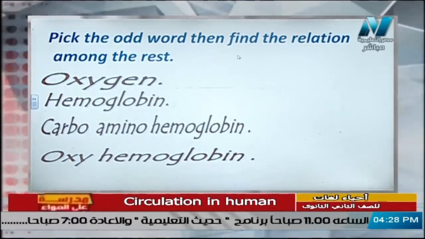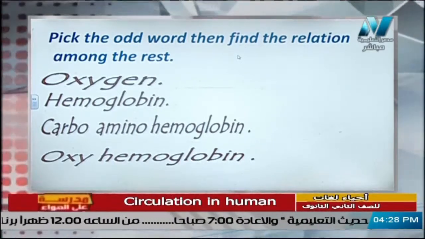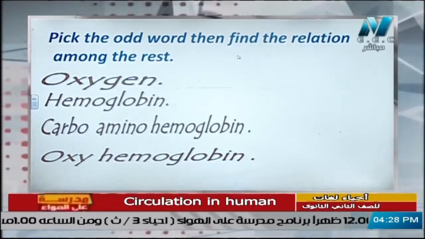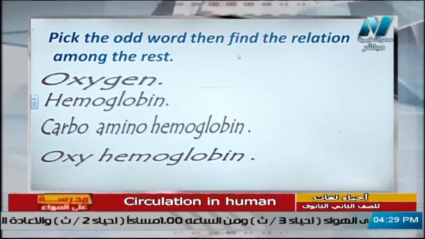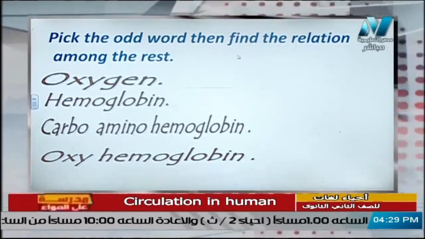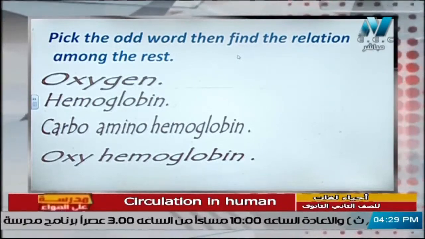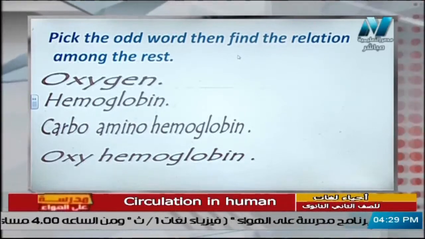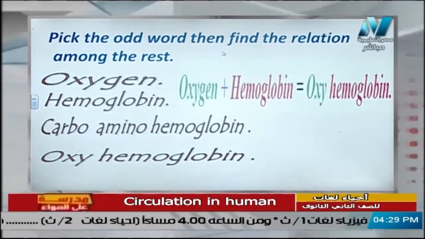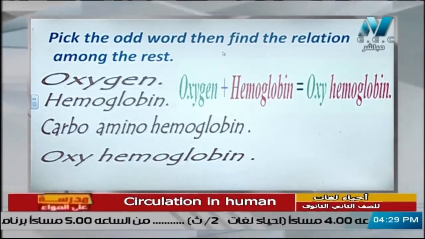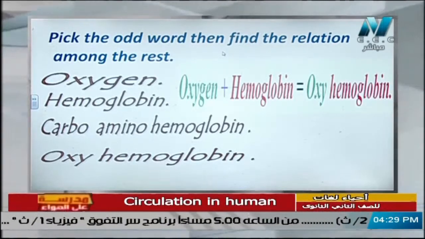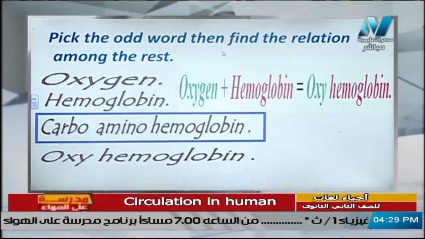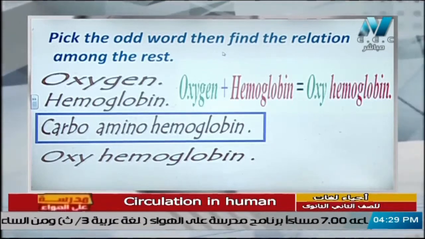We know oxygen combines with hemoglobin in red blood cells forming oxyhemoglobin, right? So the odd word is carboaminohemoglobin, which means carbon dioxide combined with hemoglobin. So we know oxygen plus hemoglobin produces oxyhemoglobin. So the picked word is carboaminohemoglobin. Okay.